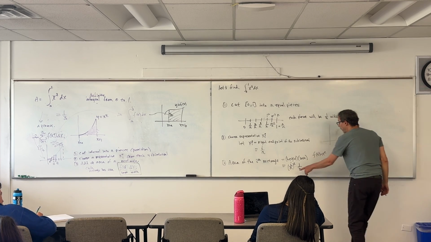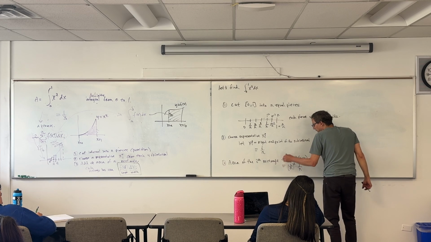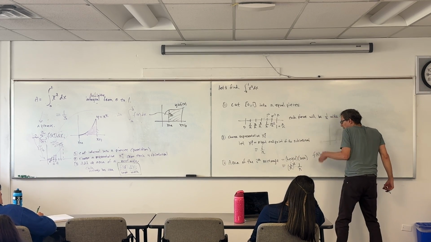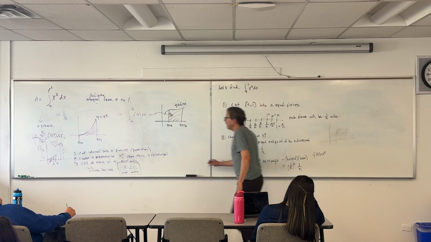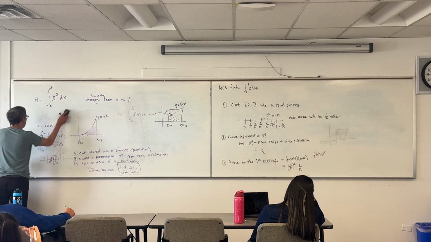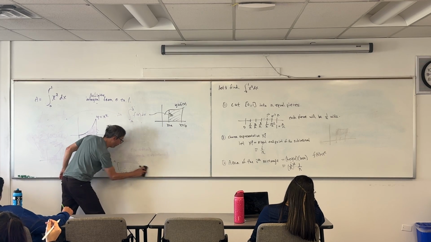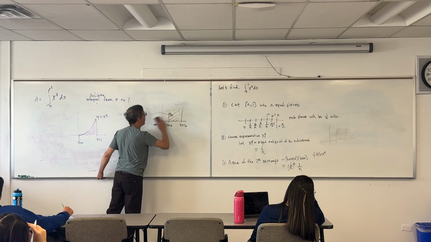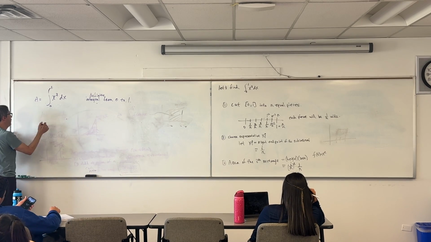Okie doke. So I'm going to add these all up. I'm going to let i be 1, then 2, then 3, then 4, and I'm going to add these all up. And so when we come to do that, let's do it without the summation notation first. Let's just write it out so we can feel a little warmer about the whole thing.